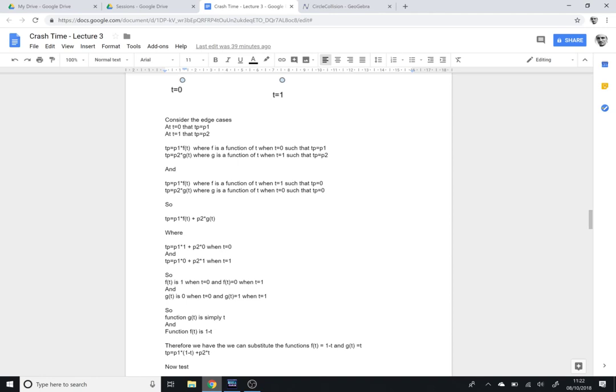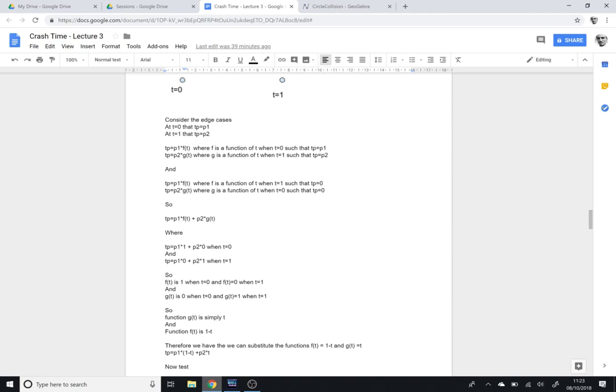And then again, I've got tp is p1 times f(t), where f is a function of t when t equals 1, such that tp equals 0, and tp is p2 times g(t), where g is a function of t when t equals 0.